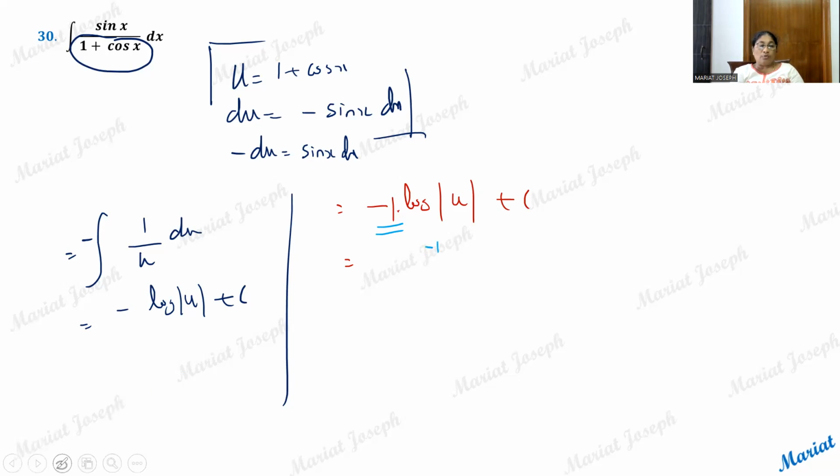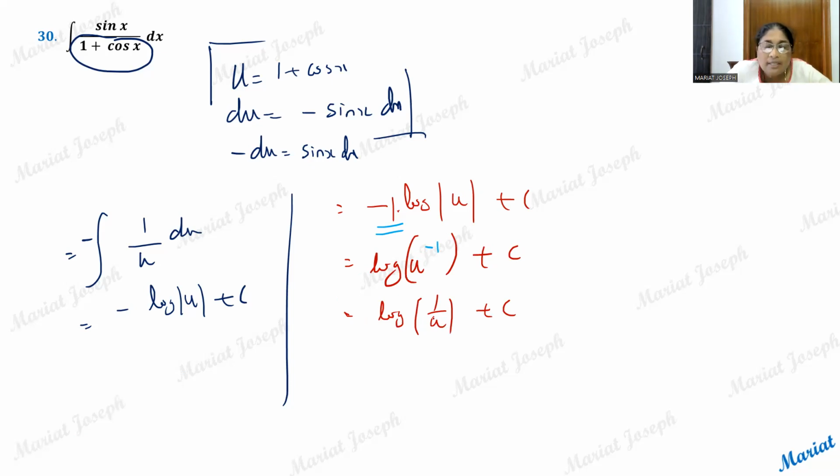So log of u raised to the power minus 1 plus c. What is log of u raised to power minus 1? It means 1 by u. So log of 1 by u plus c. We can leave it like this also. And give the value 1 plus cos x. In place of u, put 1 plus cos x.